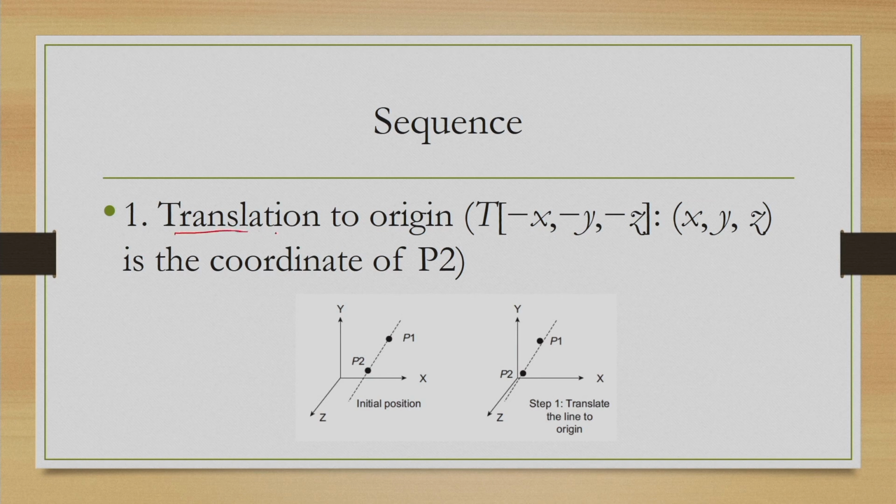The first transformation is translation, translating the line so that it passes through origin. Now, the translation amount would be minus x, minus y, minus z, where x, y, z is the coordinate of P2, one of the endpoints.